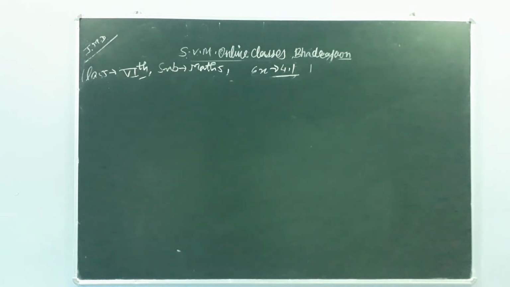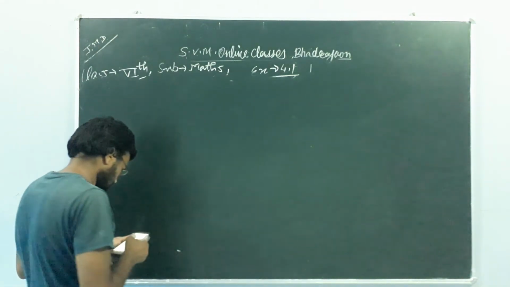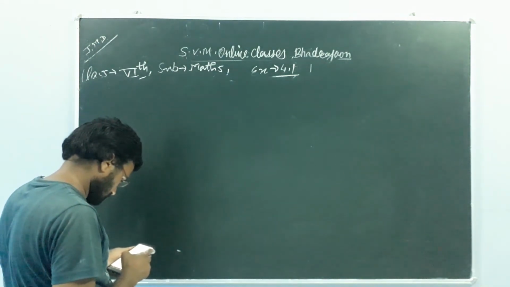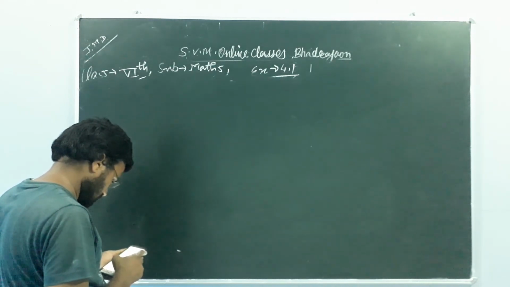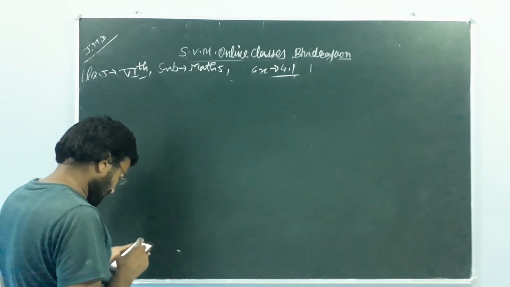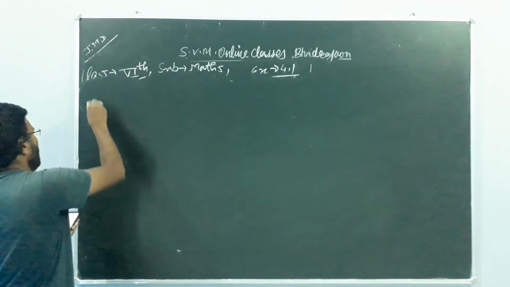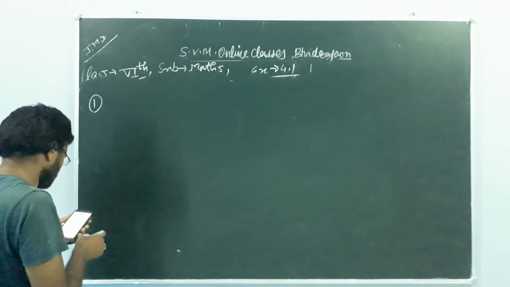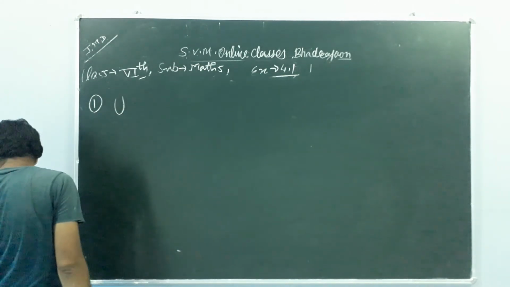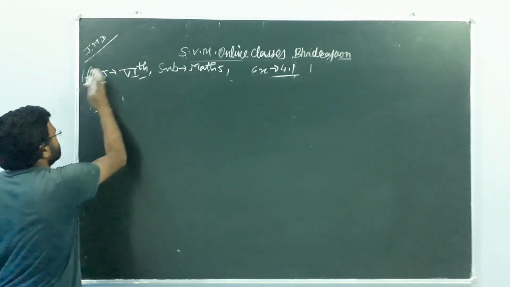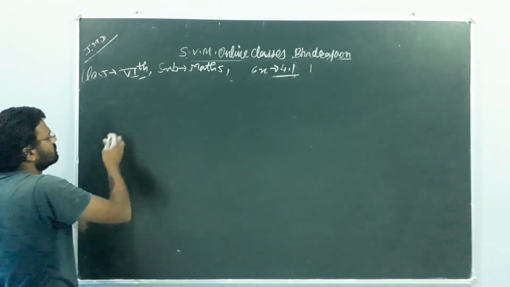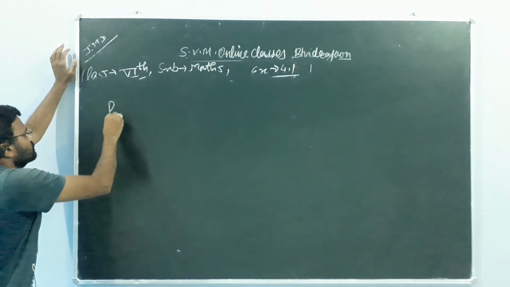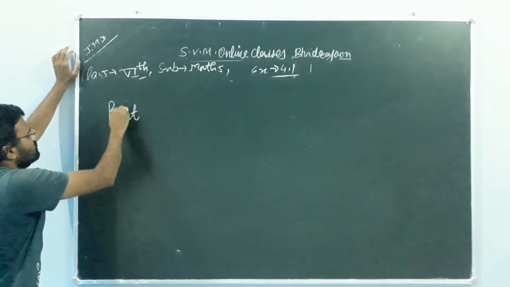Now what we have to do, our exercise number 4.1 is, the first question of exercise number 4.1: use the figure to name. Okay, actually I am going to just make some definitions. First is our point. Our first definition should be a point.